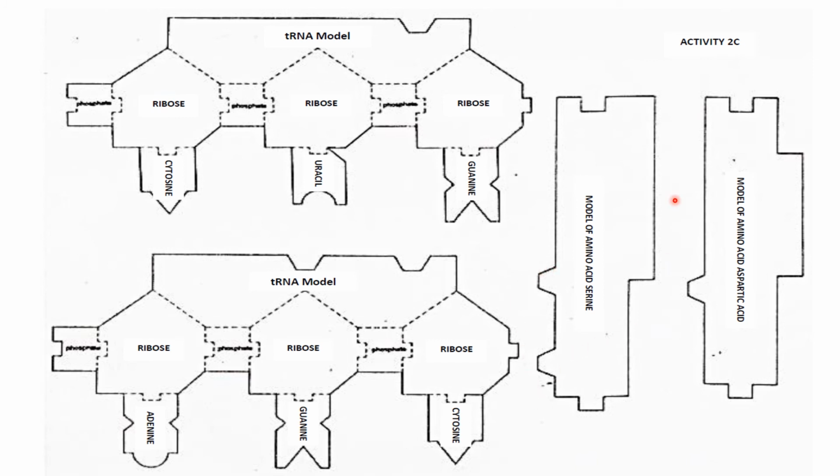Since you have this shape which matches with this tRNA model, you need to attach this amino acid serine to this tRNA model. Also, this aspartic acid should be attached to this tRNA model. Again, your final output should be a tRNA base sequence with its amino acid chain. That's it, and have a good day.